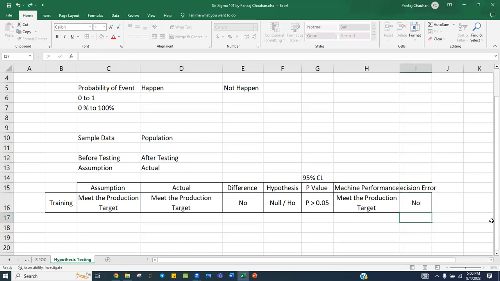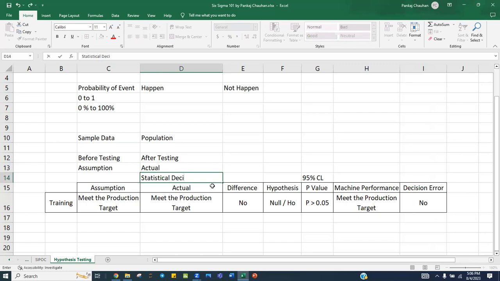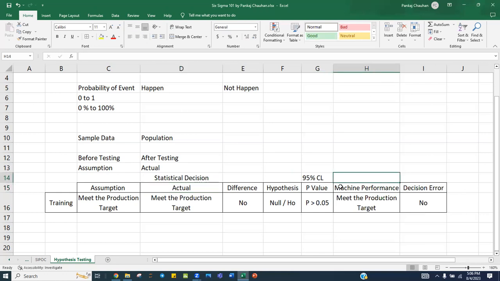The answer is no decision error, because your statistical decision, what you have validated from the sample data, this was your assumption for that sample data, and this is what your actual sample data is telling, and the same thing you are writing in the report. So this actual is coming from the statistical analysis or statistical decision, and your statistical decision is in sync with your practical decision. Then we are not making any error.